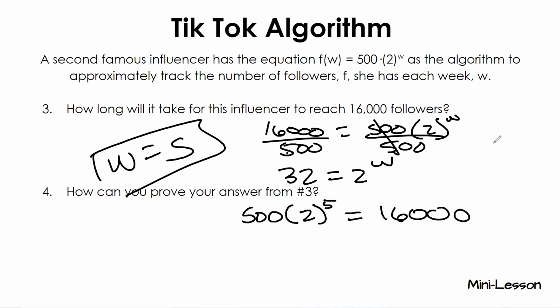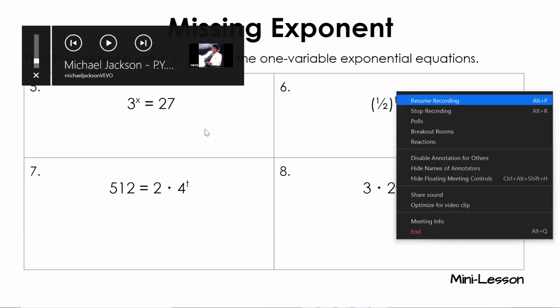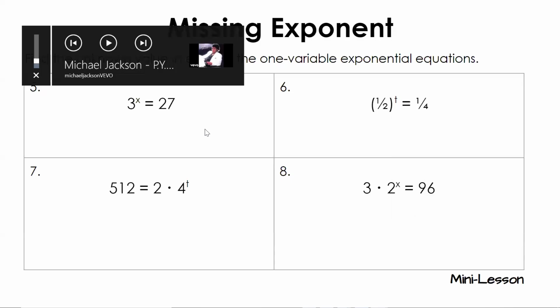You could estimate. But let's say that it was a decimal, or let's say that this number was a fraction, a little harder to do, right? 3 to what power gives us 27? Okay. To the third power. So x equals 3.